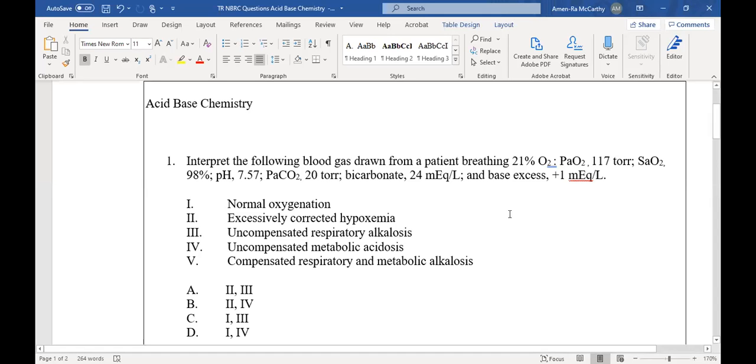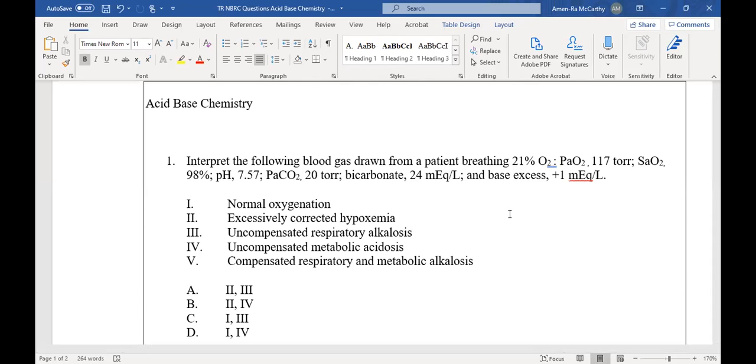All right, so number one, just so I give you some terms, interpret the following: blood gas drawn on a patient breathing 21% oxygen. That's room air. Okay, room air. He has a P little a O2 of 117 torr. Remember, torr and mmHg are the same. He has an S little aO2, which is saturation of arterial oxygen, which is the SAT, right?